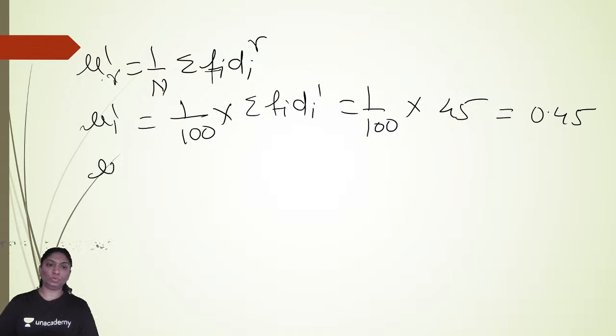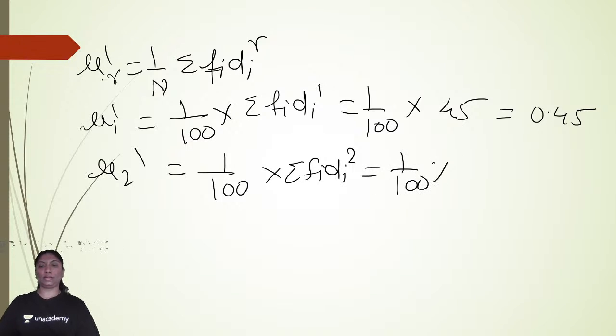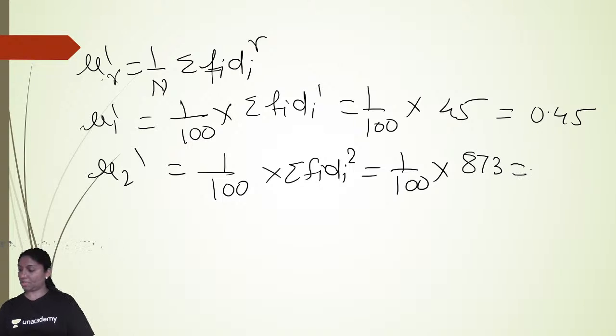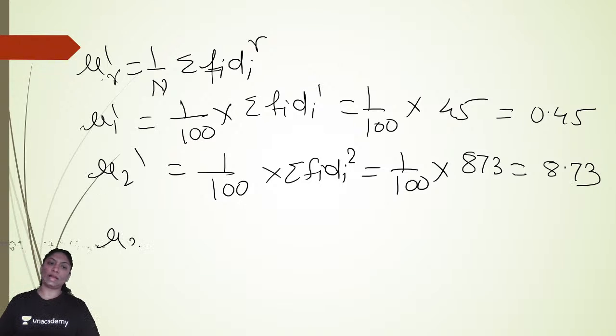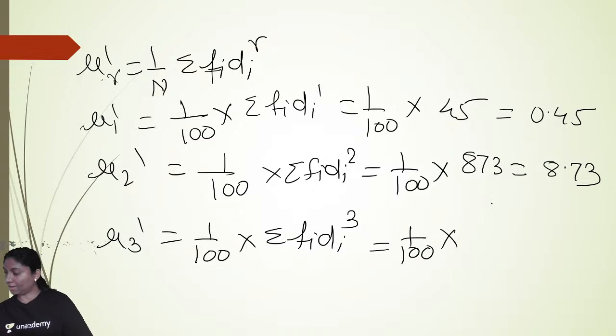0.45. Mu 2 dash is equal to 1 upon 100 into summation of fidi square, which is 873, equal to 8.73. You will get mu 3 dash equal to 1 upon 100 into summation of fidi cube, which is 891, equal to 8.91.